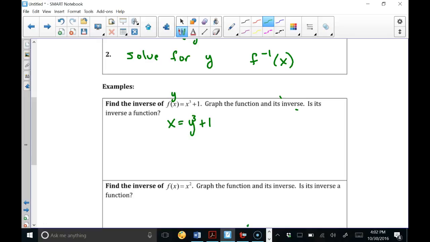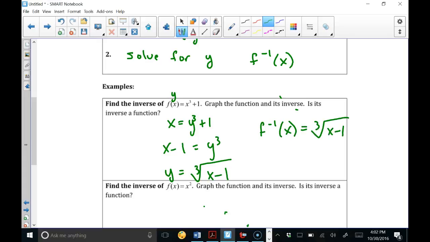And now we solve for y, so x minus 1 equals y cubed. But let's go a step further. We don't want y cubed, we want y. So y is going to be the cube root of x minus 1 when we form the inverse. We have to cube root both sides. Technically, you might see this notation, f inverse of x equals the cube root of x minus 1.